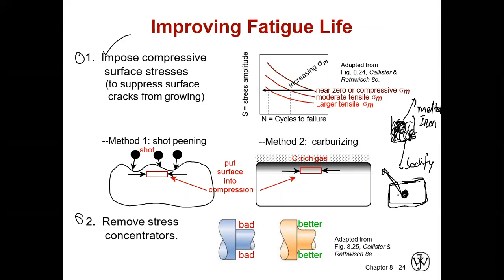Have you seen an air bubble in ice? At the same concept, air bubbles also form when we solidify some metal, right? These bubbles are basically the stress concentration areas. So if we somehow remove these bubbles, then we can improve the fatigue life, right?